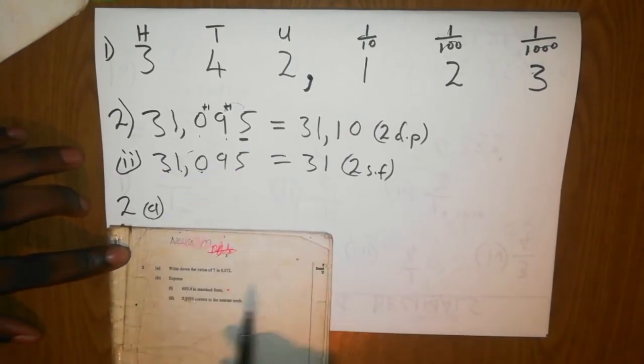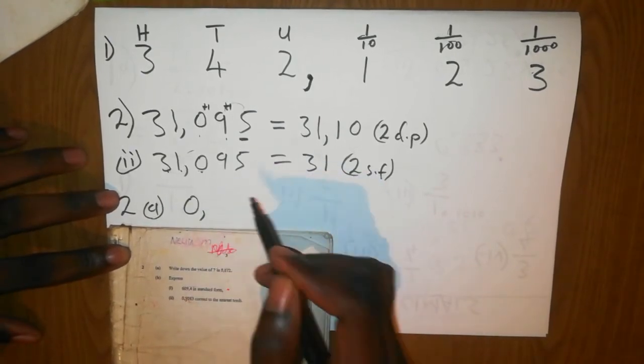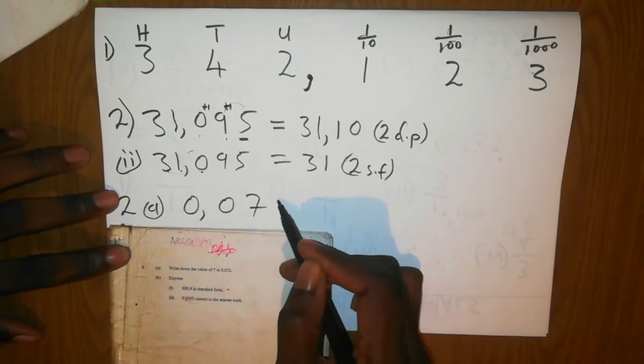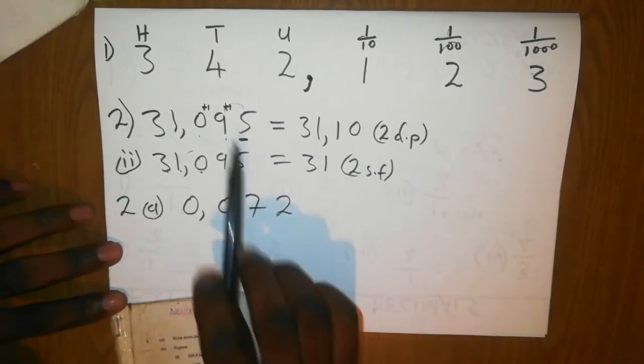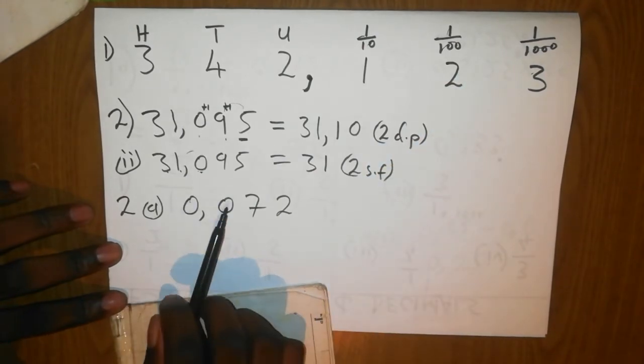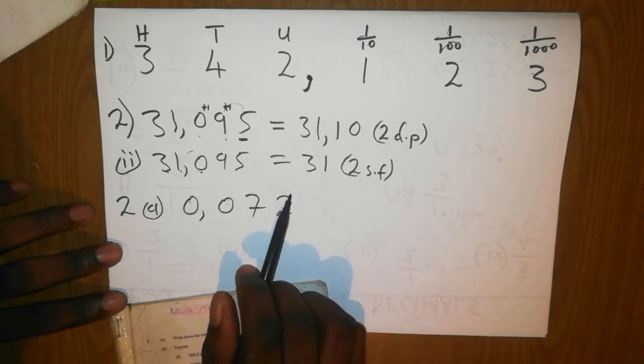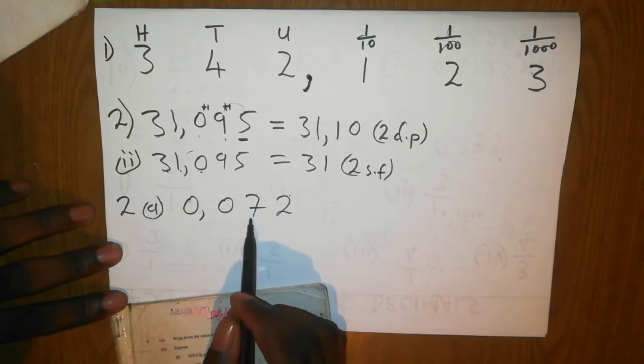We want to write down the value of that one. So in this case, it's 0,072. There is our guideline. This is your unit. Soon after the unit, it's your 10th, it's your 100th, it's your 1000th. So you are asked to write down the value of 7.